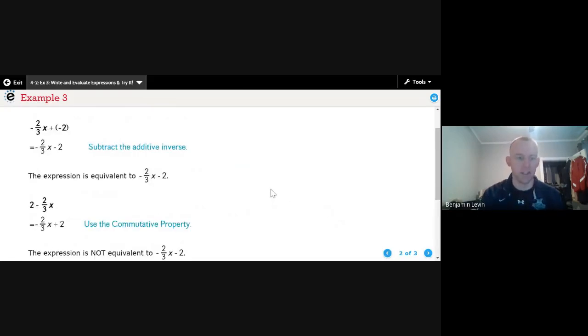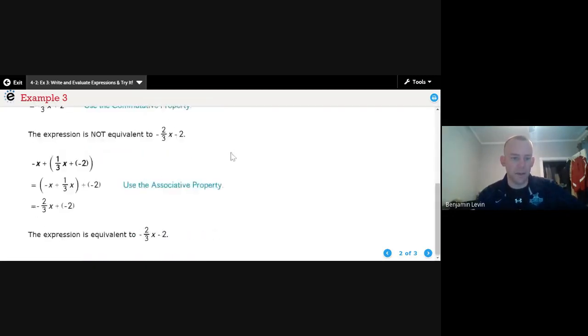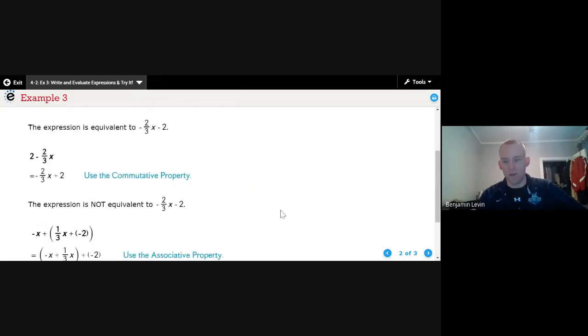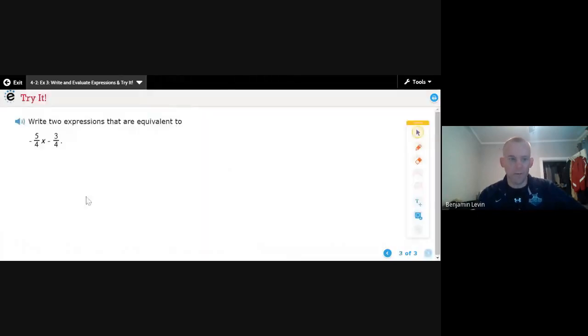And that's just going to explain exactly what I just explained. This one does show you how they combine their like terms, right? -x plus 1/3 x gave us -2/3 x, right? So this is equivalent. And the middle one was not, just like we figured out.